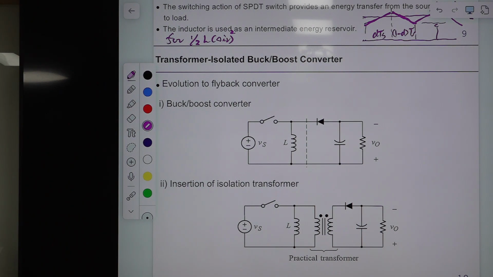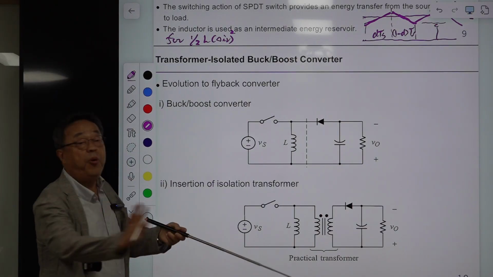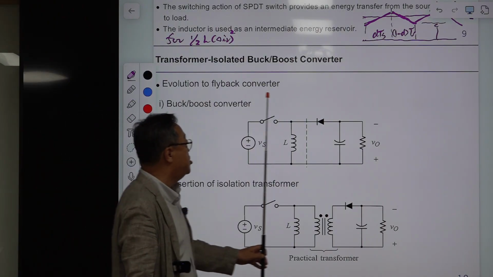The flyback converter. So the flyback converter is a transformer-isolated buck-boost converter. The operational principle is the same as the buck-boost converter, but a transformer isolation is required by law for safety. So we need to insert the transformer in the middle.